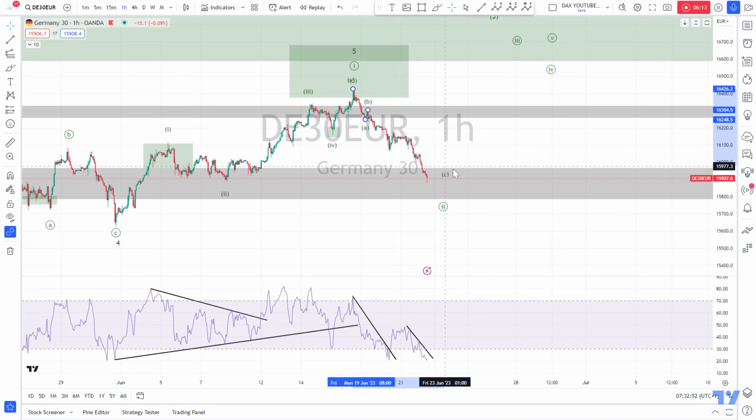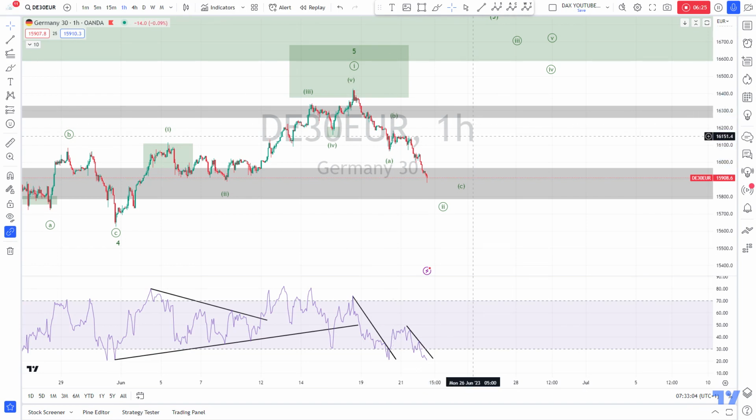So then this will become some micro counting. If I have to look for my ABC, I would do it like this.